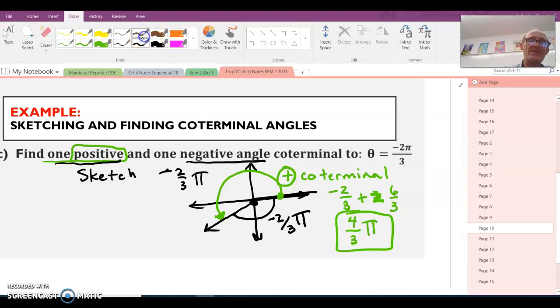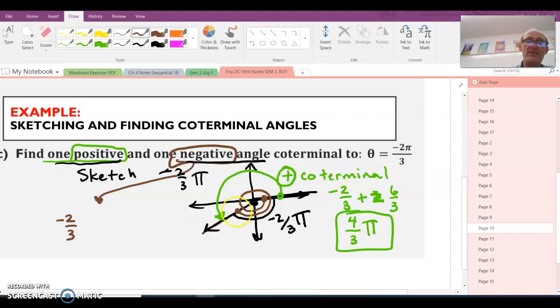Now, to get a negative coterminal angle for that one, you're going to take that negative 2/3 and add negative 2 pi to it. So you go all the way around to get that 2 pi, and then you go to that negative 2/3 right there.